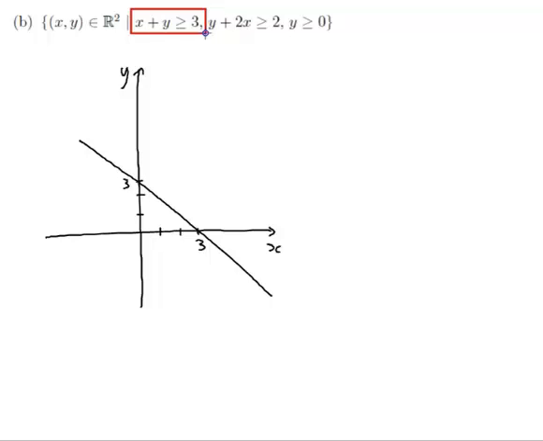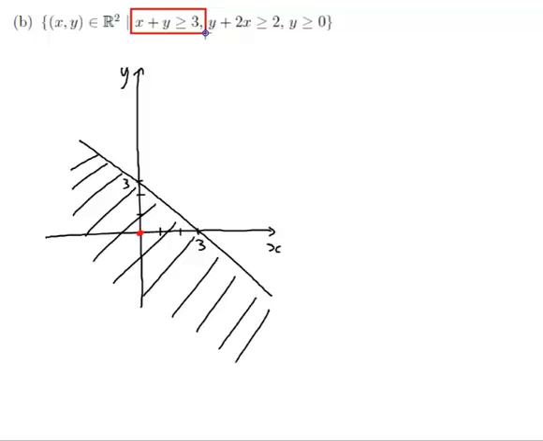So the origin, 0, 0: 0 plus 0 is greater than or equal to 3. Well, that's not true. It's less than 3. So we don't want the origin in our set. So let's cross out that side, cross out the bit we don't want, like that.